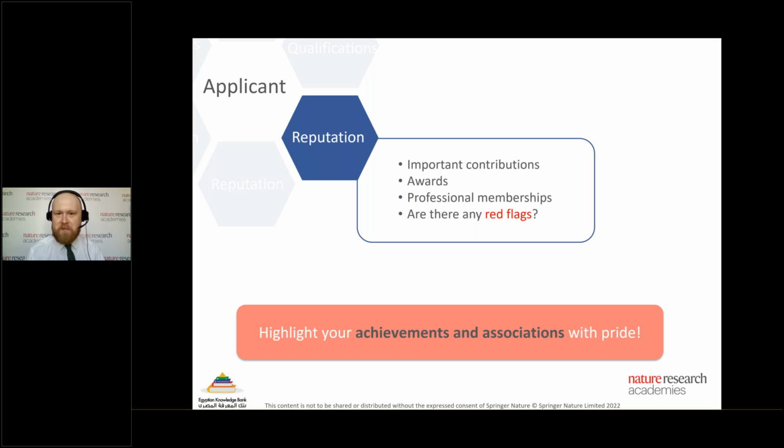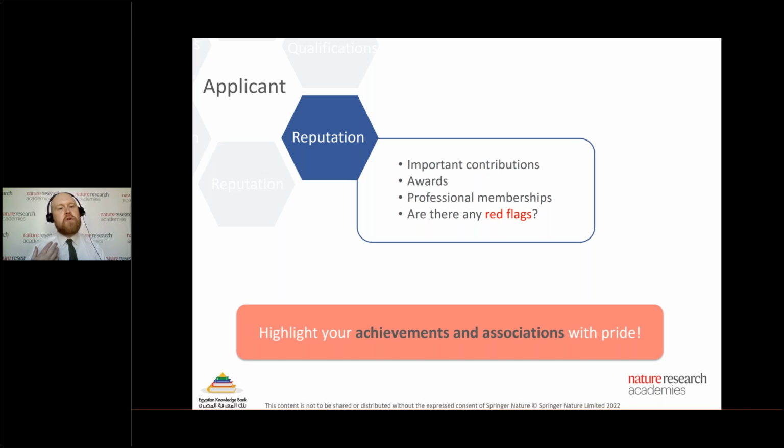But also remember, reputations can be bad. The reviewers might be considering if there are any red flags. Perhaps you've had publications in the past withdrawn. Perhaps you've had ethical issues arise when publishing, or perhaps when conducting a project. So they'll also be looking as to whether there's any concerns with you as an applicant.